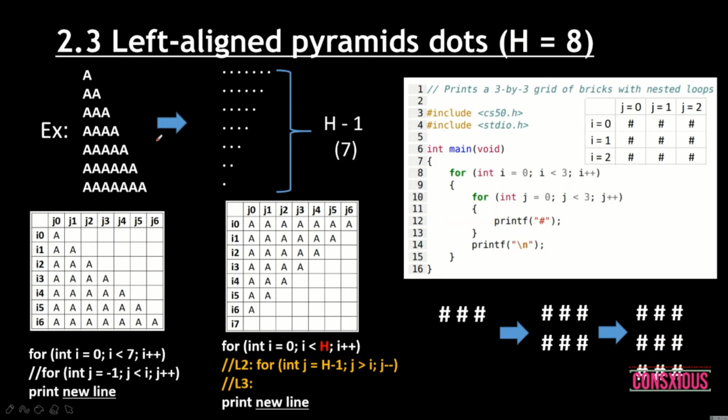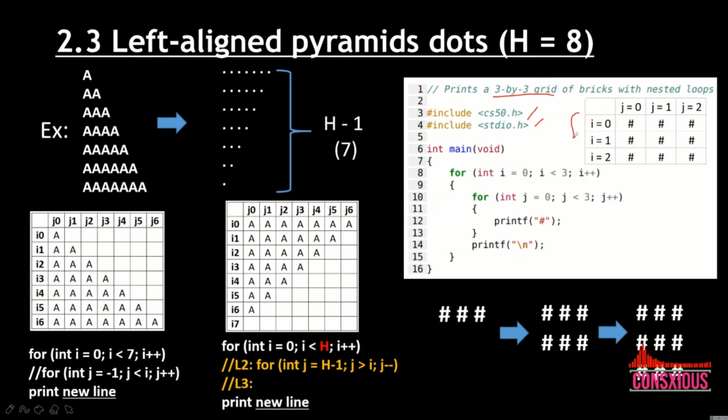Let's look at this example from CS50. You can see they include these two libraries. What this does is print a 3 by 3 grid of blocks. There are two loops here: the parent loop and the children's loop. i equals 0, i less than 3, i plus plus.